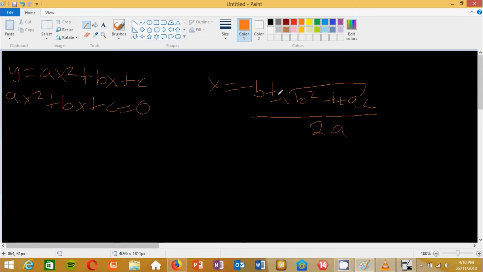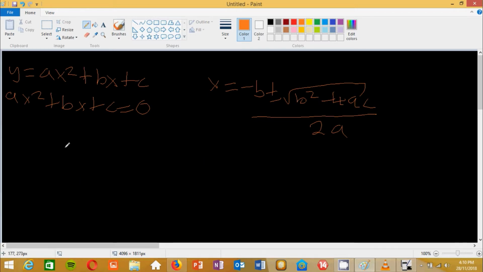The simple explanation is, if you come underneath the square root here, what happens if b squared minus 4ac is equal to 0? What happens if you have a quadratic equation such that when you take b, you square it, you subtract 4 times a times c, you actually get the answer 0?